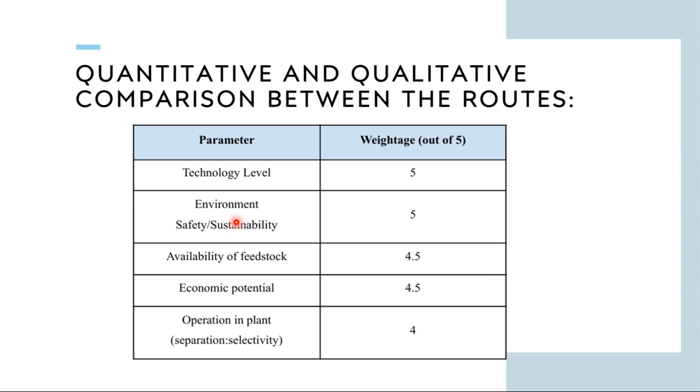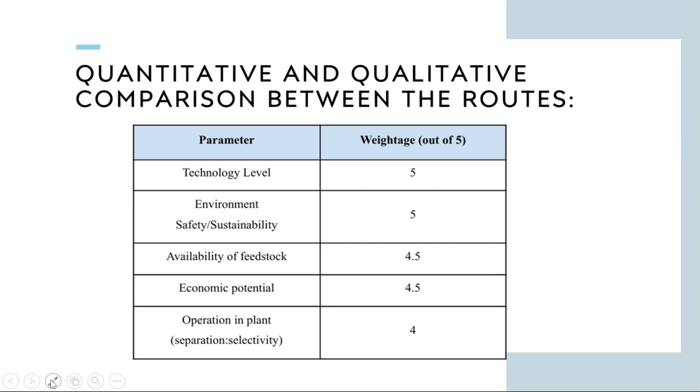What I have decided is that I will first give a ranking out of 5 for each parameter to each of the routes, then multiply that ranking number with the weightage, and get a final weighted sum to decide which method I am going to use.